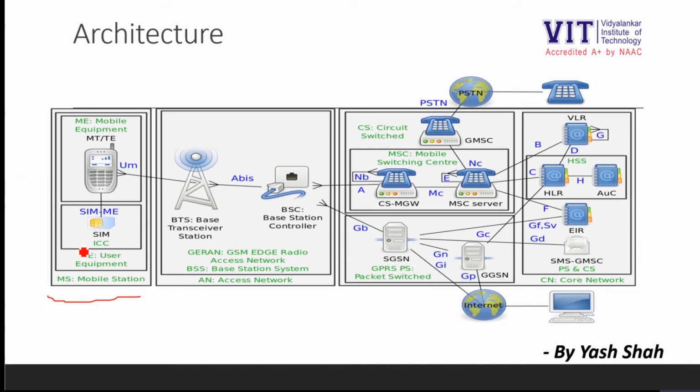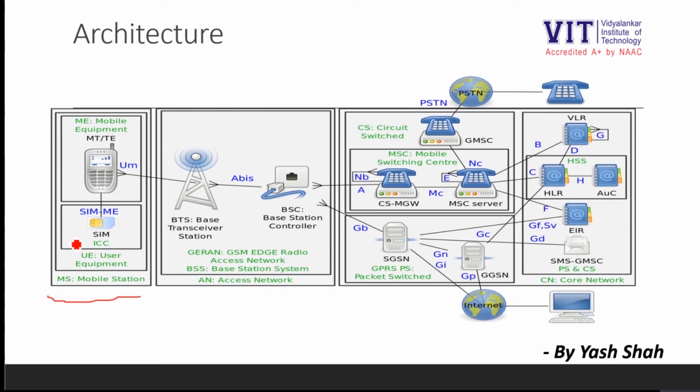Whereas the SIM module is the user equipment, it has a SIM card. The full form of SIM is subscriber identity module. Within the subscriber identity module, we have two vital ingredients. The first thing is KI. KI is nothing but a key, that is a key identifier of the SIM.